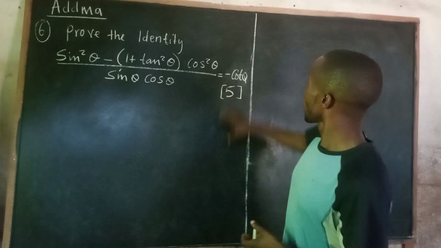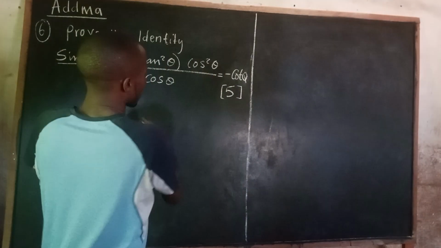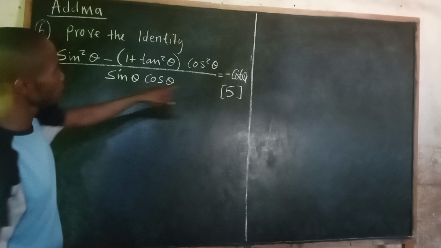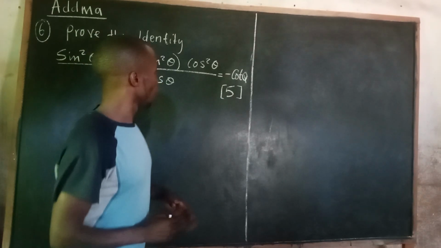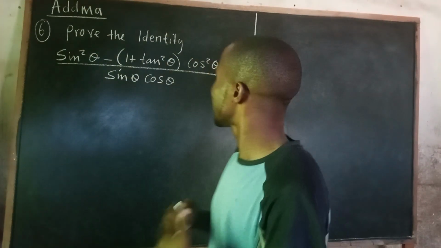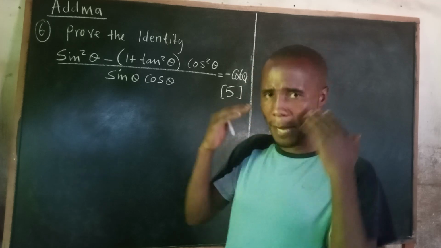We are given this expression here, and we have to prove that it is equal to cot theta. Before you go any further, there are some identities that you must remember and master in your mind.